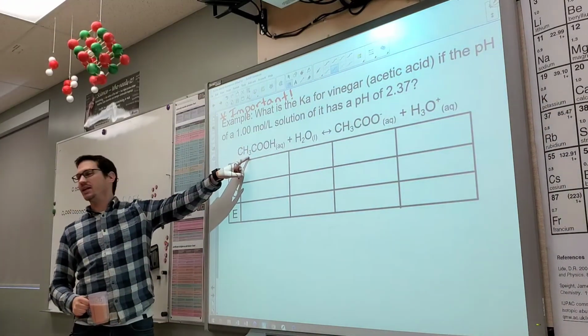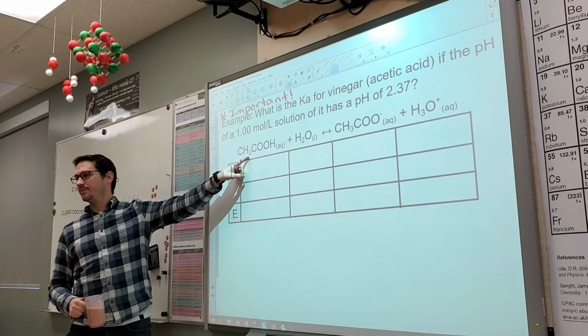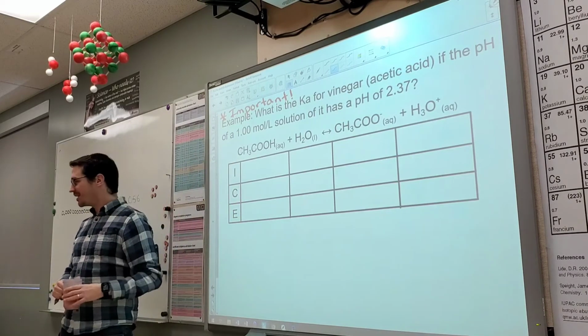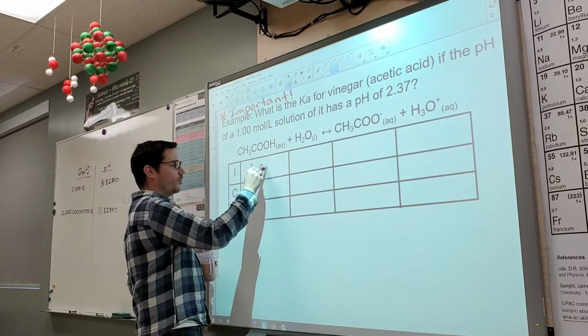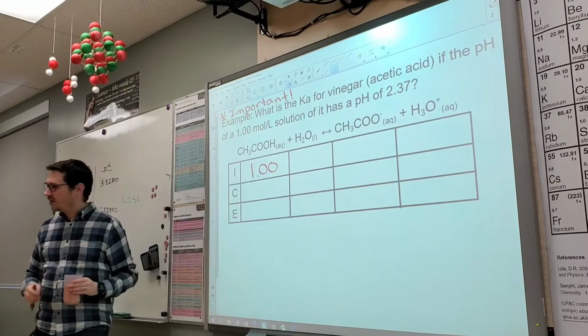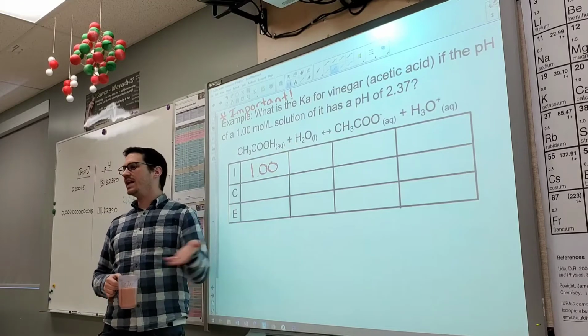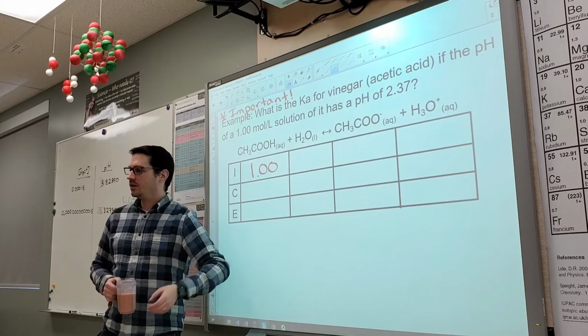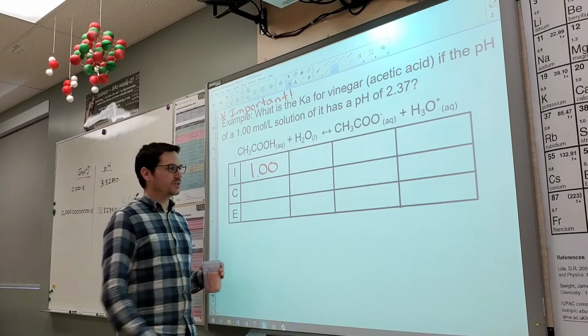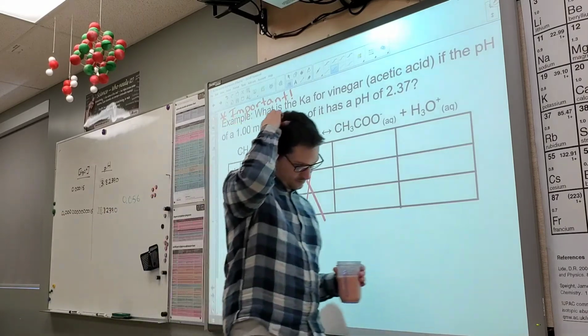Initially, how much acetic acid did I put in that water? 1 mole per liter. I put 1 mole per liter. Does the concentration of water change throughout this experiment? No, because it's a liquid in a heterogeneous reaction, so we don't care about it.